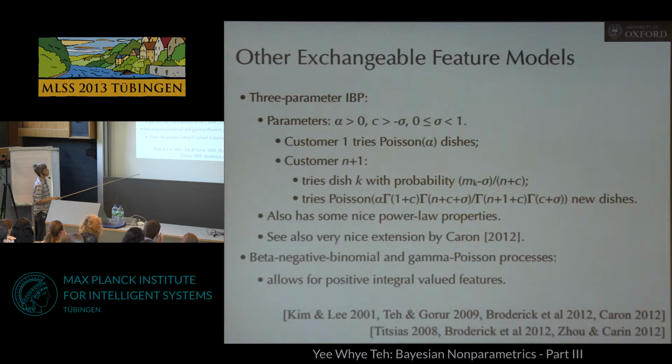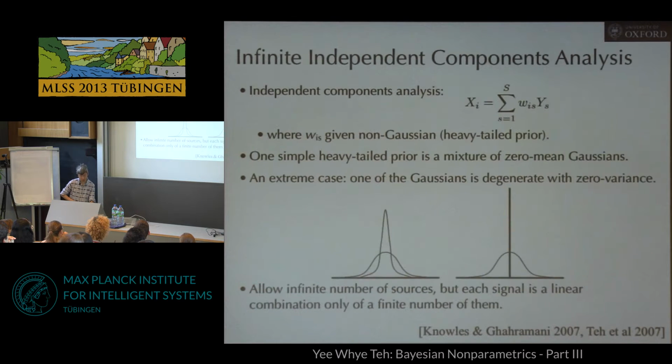You might want to ask, why are we limiting ourselves to binary features, where the feature is either present or absent? One way to get beyond a binary feature is the same as in this ICA example, where if the feature is present, then we can associate the feature with a random draw from some other distribution, which tells you something more about the value of the feature in that particular observation.